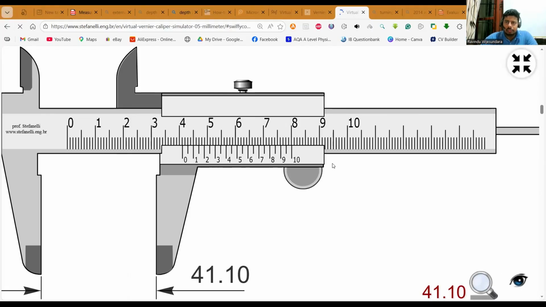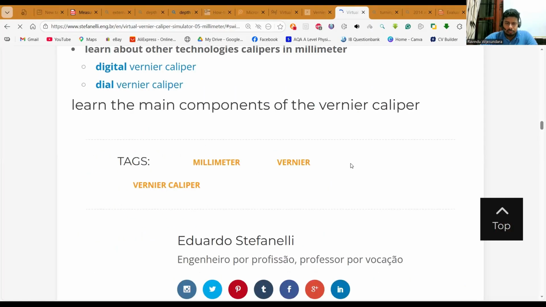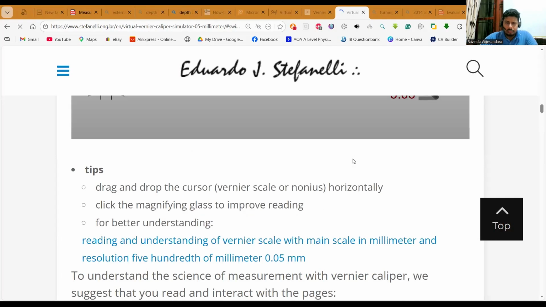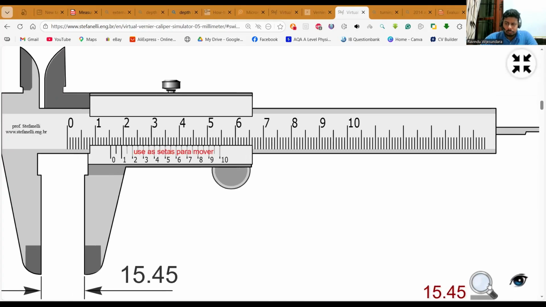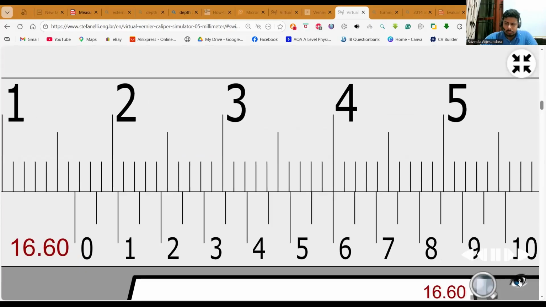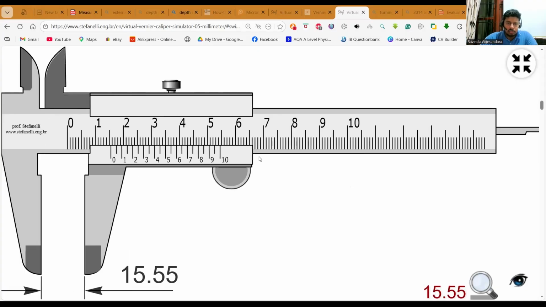Let me check whether by refreshing I can remove this one. Oh, this is not actually going away. However, we will read this one, right? So I will randomly stop somewhere here.